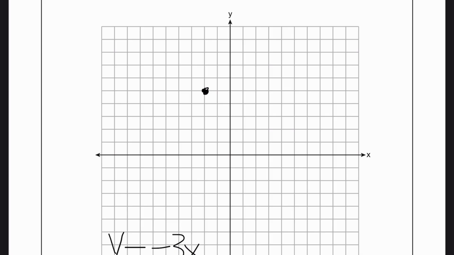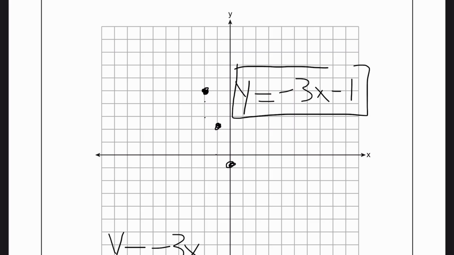So let's just use the slope to help us. Go down 3 over 1. Down 3 over 1. There it is. The y-intercept is negative 1. There you go.